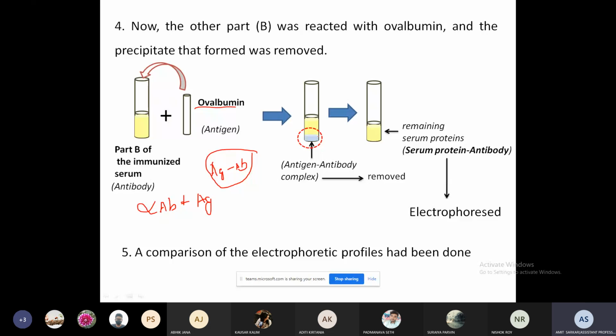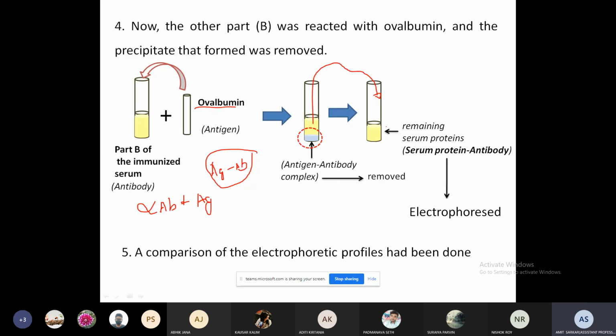After some time, 1 hour, 2 hours, or sometimes maybe overnight, they will react. They will become a big complex, and due to the gravitational force, they will settle down at the bottom. Then Tiselius and Kabat take out only the liquid portion that didn't settle down, the remaining serum protein.